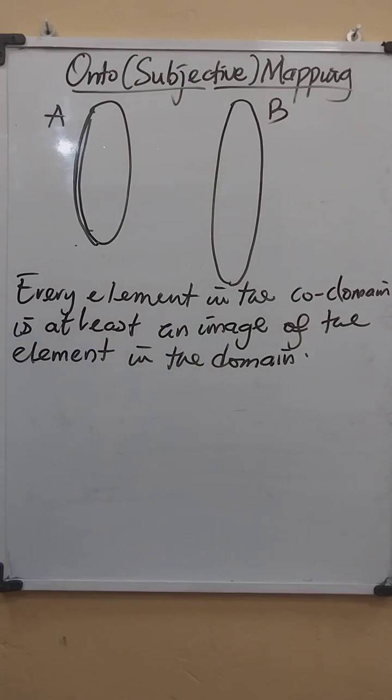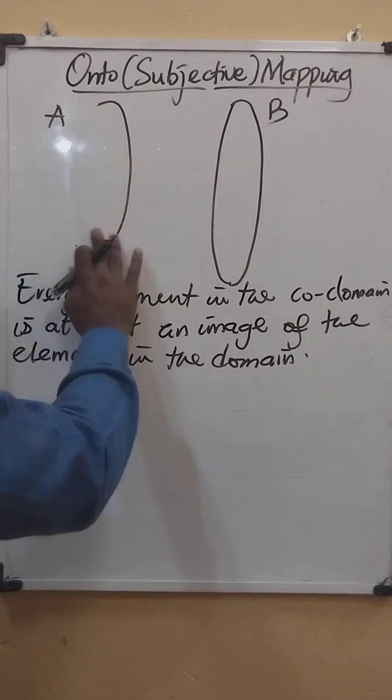Now I am going to explain that. So if we have this as the domain and this other side as the codomain, let me write that out. Let me draw this well.